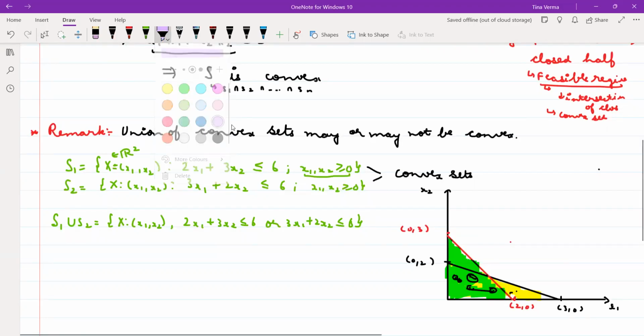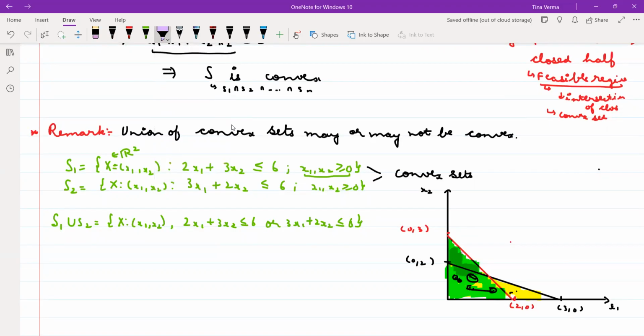So this is your common region for your S1 union S2, right?